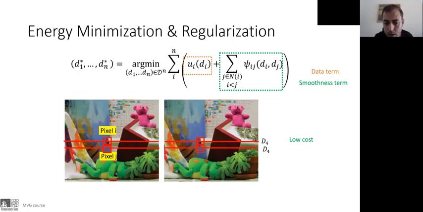So you're trying to minimize it, so why not take just 0? No, I minimize the cost for matching pixels according to the disparity. UiDi is the cost for patch correspondences. I cannot just put 0 here.